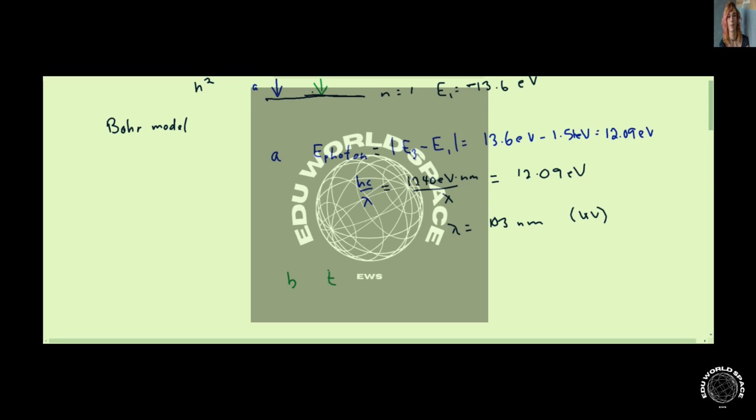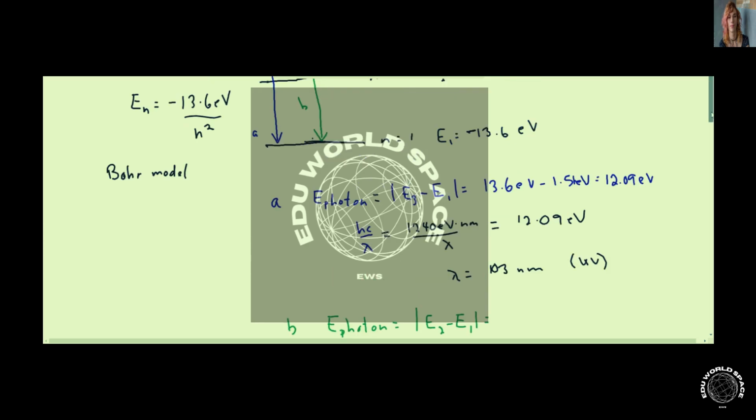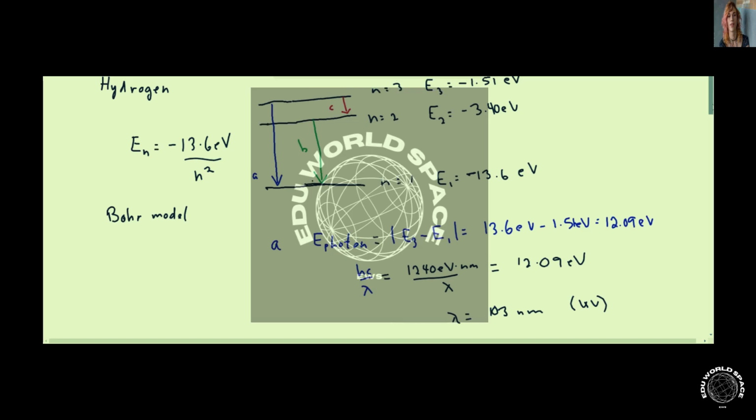Okay, B, we're going to take the difference in energy between, let's see, we're doing 2 minus 3. 2 minus 1, sorry. And 2 is 3.40.